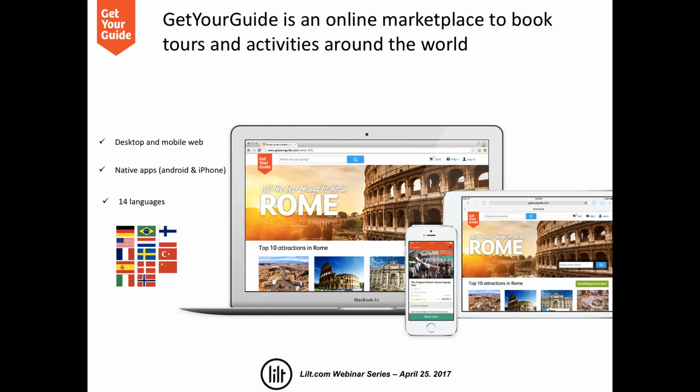They will mostly focus on their experiences and what they have seen, what they have visited. They will share the pictures of where they have been. So they are looking for attractions, tours, and activities where they will be able to create these memories. And for that, we need a very good quality of content.